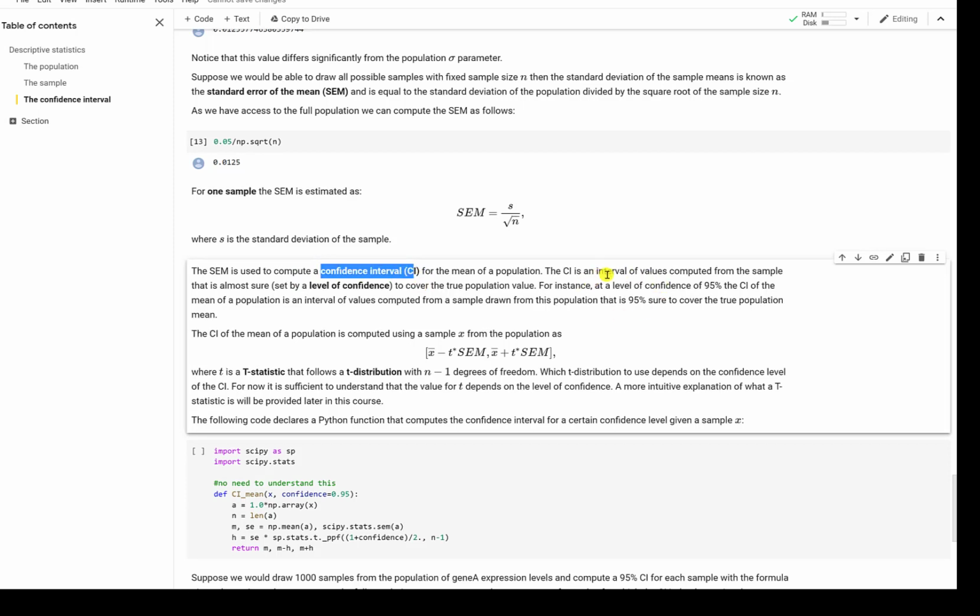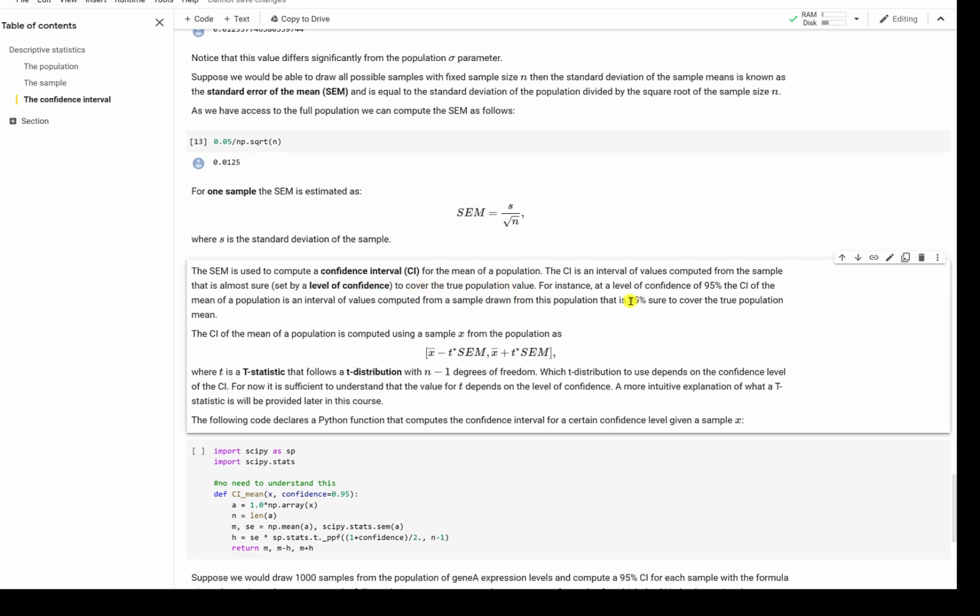A confidence interval is an interval of values computed from the sample that is almost sure, set by some level of confidence. We could say we want to be 99% sure, or 95%, or only 80% sure. It's up to you, it's your level of confidence. So it's almost sure to cover the true population value, in our case the true population mean.